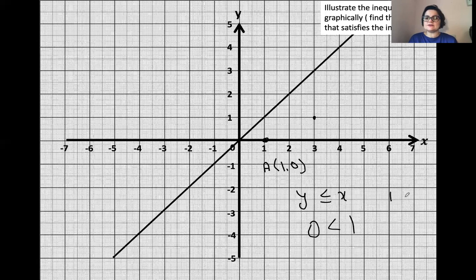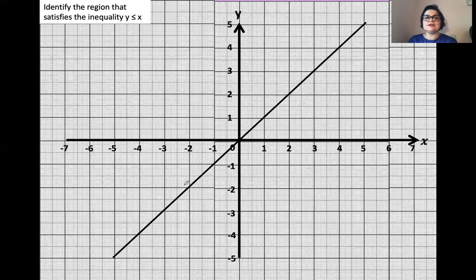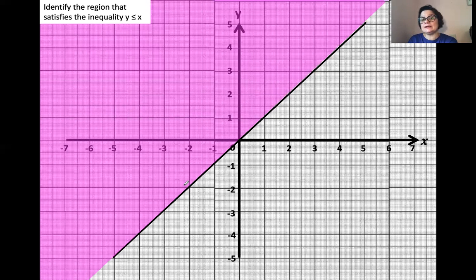So 1 is going to be smaller than the 3, smaller than x. So this region below the line is going to be the wanted. And that means we are not going to shade the wanted region, but we are going to shade the other part above the line.